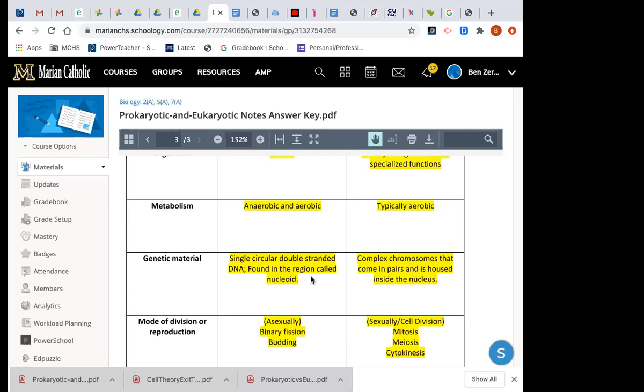Now, aerobic means that they require oxygen to create energy. Anaerobic means that they can create energy without oxygen. Do you think your cells are aerobic or anaerobic? And another way of asking that question would be, do your cells require oxygen to create energy?